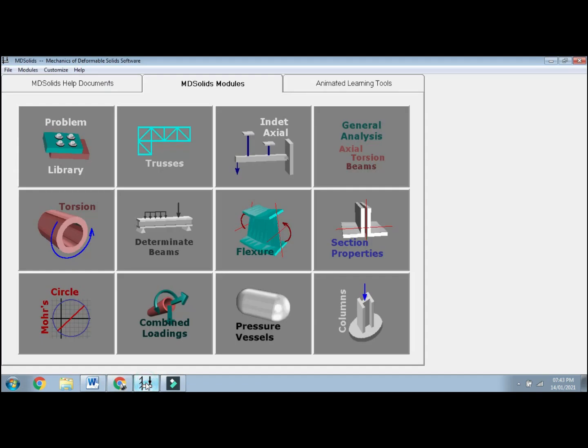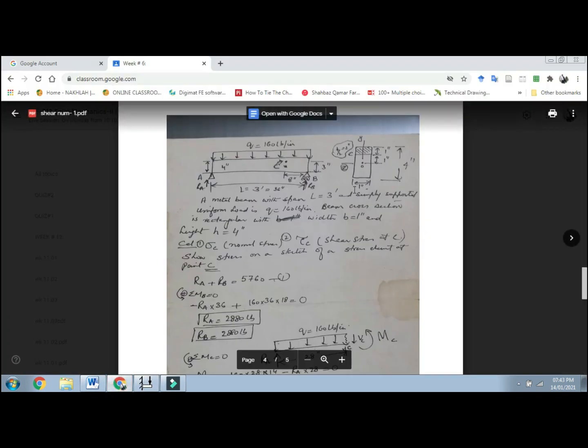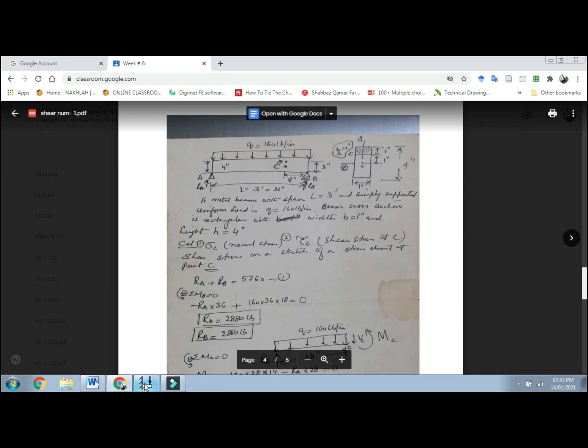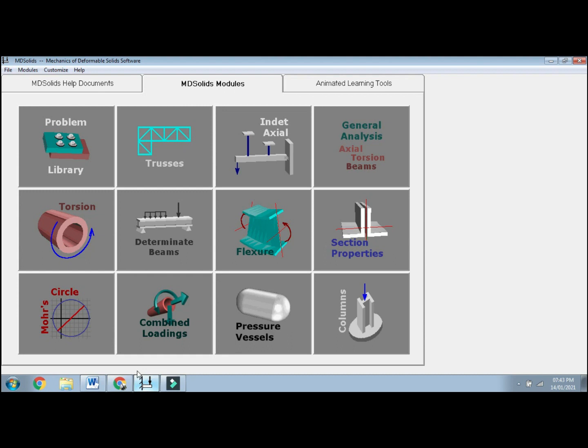We know the properties of our section was 4 inches by 1 inch, and they have put the section vertically like this. They can also put it horizontally, but they haven't done that, and I know the reason why. You know the reason why they haven't done it.